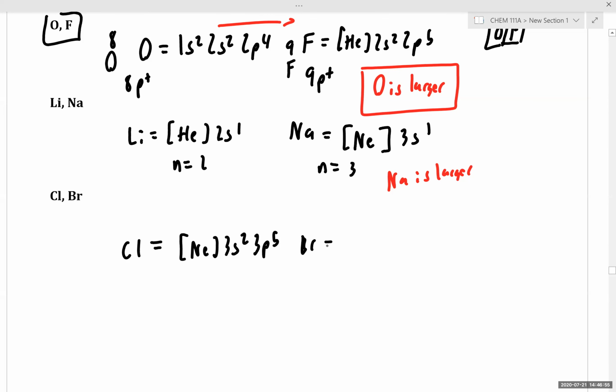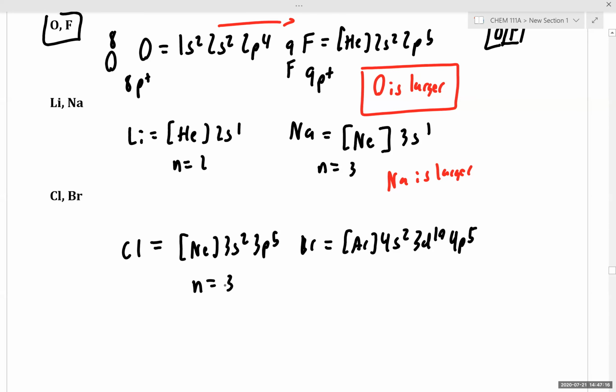For bromine, we have argon, 4s2, 3d10, 4p5. And I would look at the earlier section of the notes if you are curious how we obtained these two configurations for chlorine and bromine, as we did that in an earlier example.